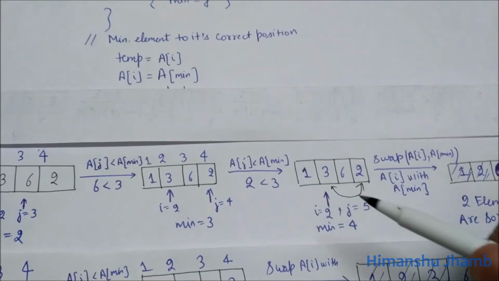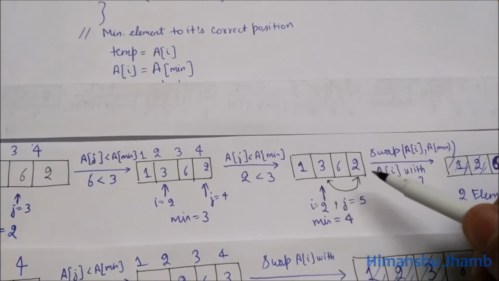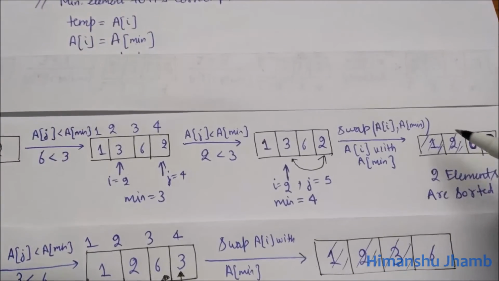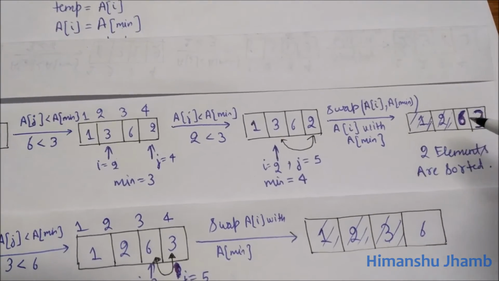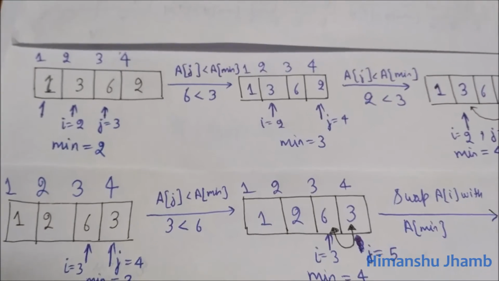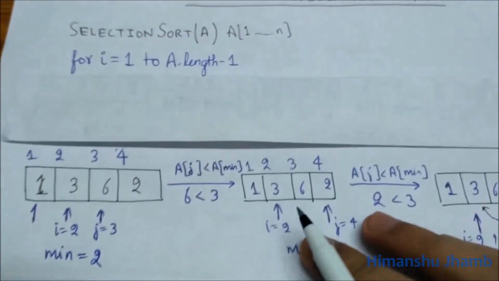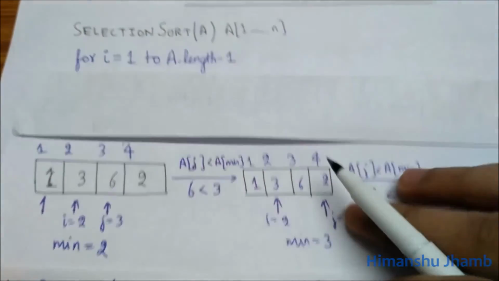What was a[i] was 3, and a[minimum] was 2. So we would swap 3 and 2. This is how our new array would look. Now two elements are sorted. So our new array would be 1 2 6 3, and i would be incremented to 3 now.